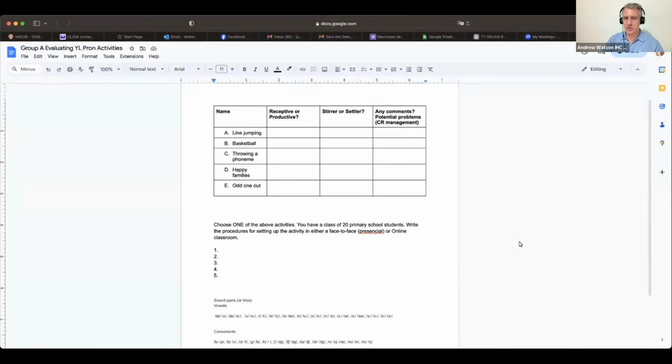You're going to decide whether the activities are receptive or productive, and whether they're a stirrer or a settler, and any potential problems with these activities. But first, before we try and evaluate them, we need to read through the activities and look at the procedures. So that's what we'll do first.